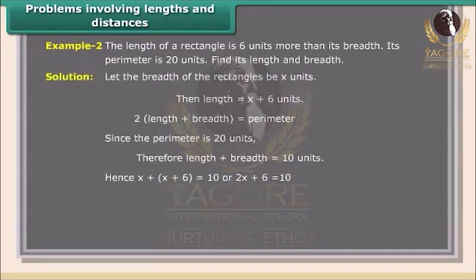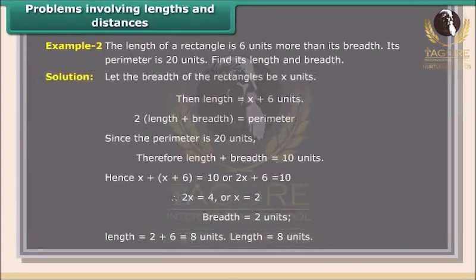Hence x plus x plus 6 is equal to 10, or 2x plus 6 is equal to 10. Therefore, 2x is equal to 4 and x is equal to 2. Breadth is equal to 2 units. Length is equal to 2 plus 6 is equal to 8 units.